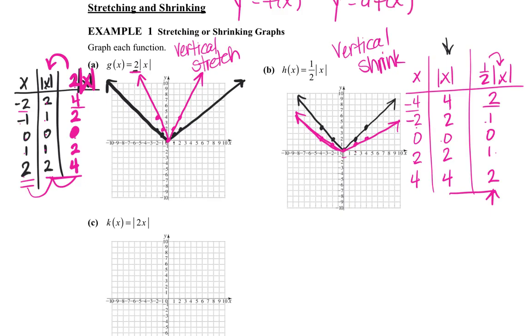If this letter A is greater than 1, it's a stretch. And if it's between 0 and 1, it is a shrink. It's because your y values are getting smaller or larger that it's considered a shrink or a stretch.